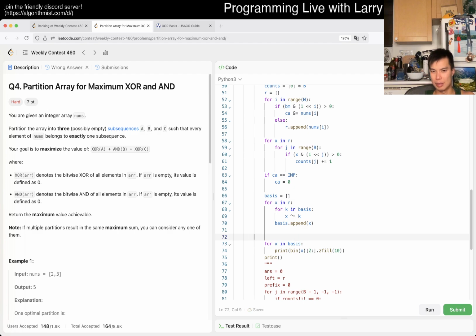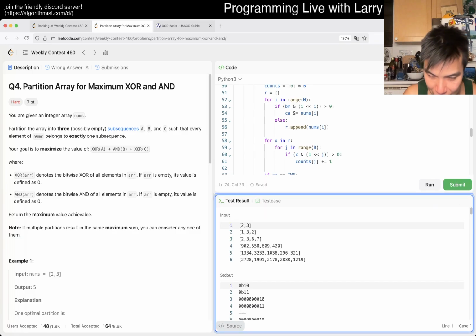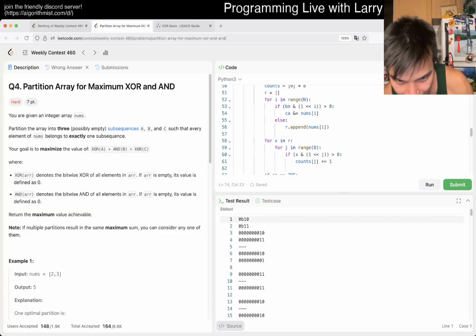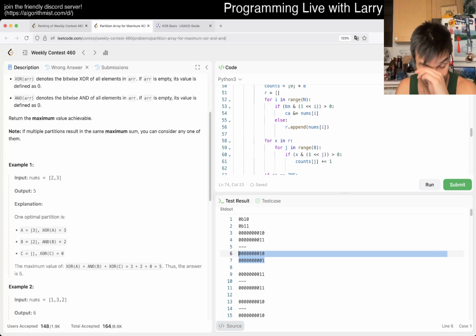Maybe that should have been a function. How can we use this? Okay, so these are the numbers and then these are the bases. What are the bases?